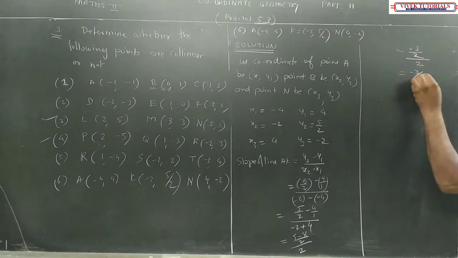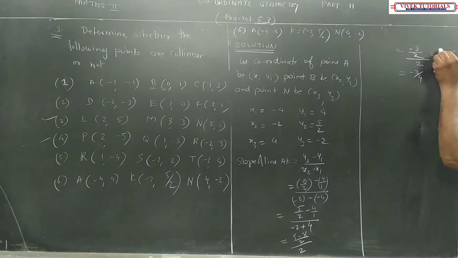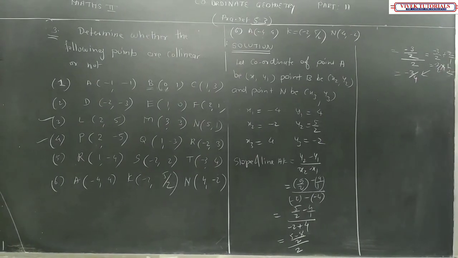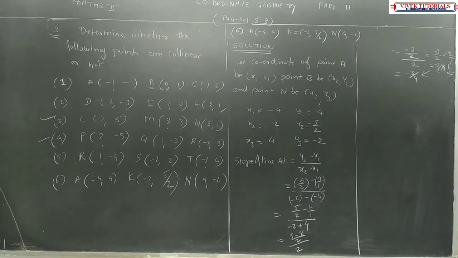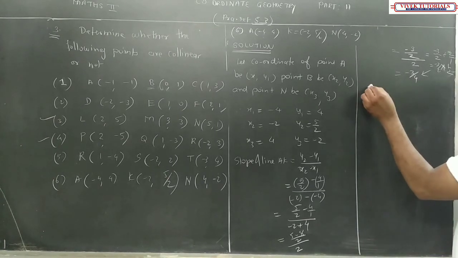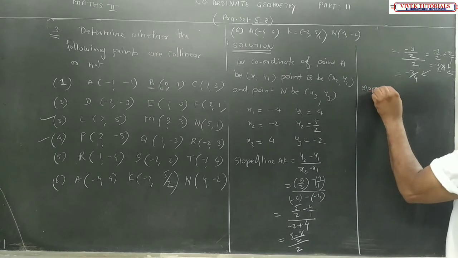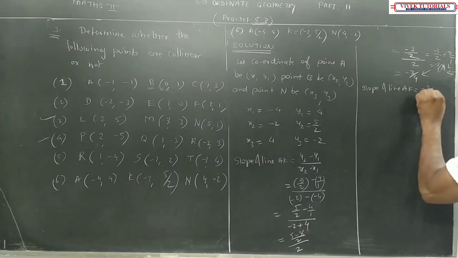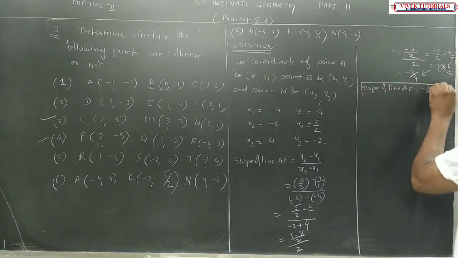How do we write this? -3/2 divided by 2/1, then -3/2 into 1/2. So what I get is -3/4. Therefore the slope of line AK is equal to -3/4.